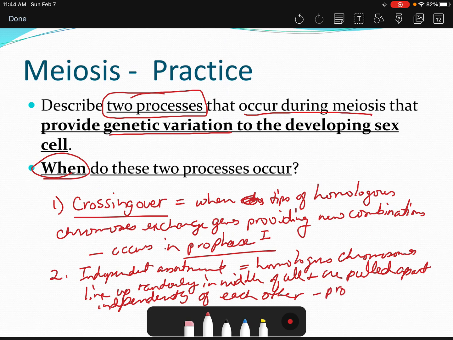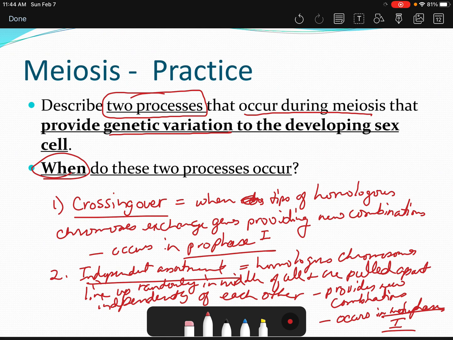And that provides new combinations. And that occurs in metaphase 1. So those are your two main types of processes that provide genetic variation. That's why in the end, our gametes are all genetically unique, because they've had some crossing over events and they've had independent assortment occur.